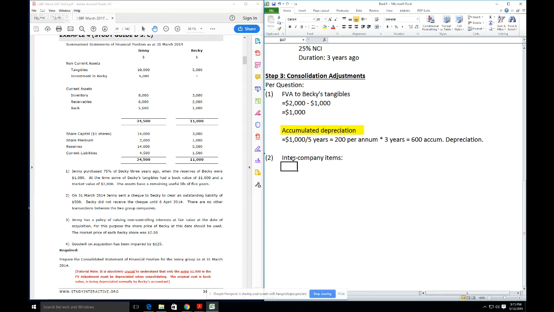Now we have Jenny and we have Becky. Jenny sent a check to Becky to clear an outstanding liability of $500, meaning that Jenny, the parent, has reflected these $500 in her books already.